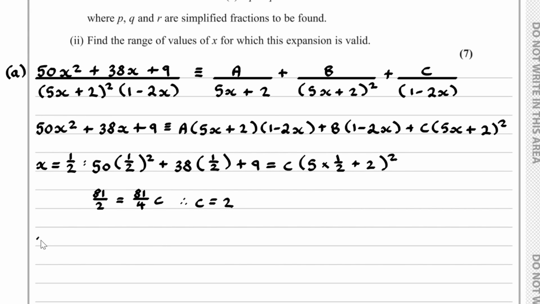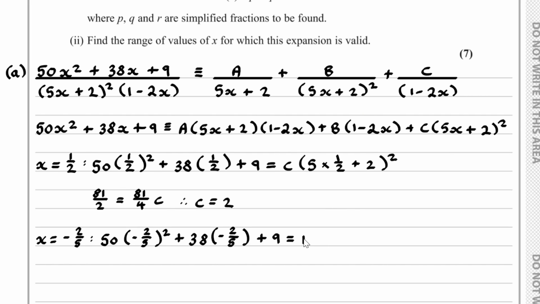Now, if we let x equal minus 2 over 5, on the left hand side, we've got 50 lots of minus 2 over 5 squared, plus 38 lots of minus 2/5 plus 9 on the left hand side, and on the right hand side the a term disappears, the c term disappears.